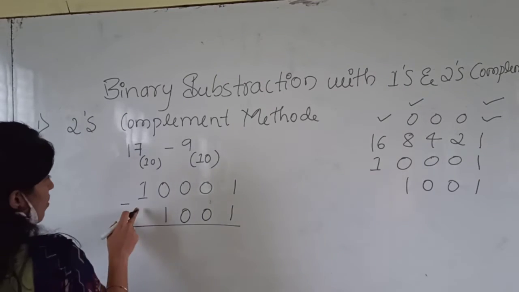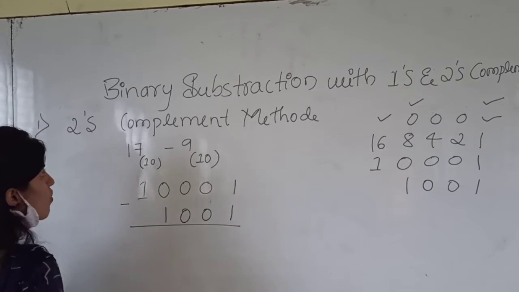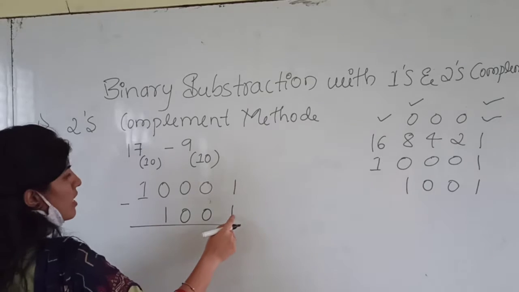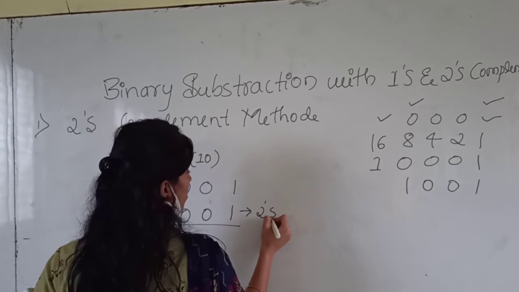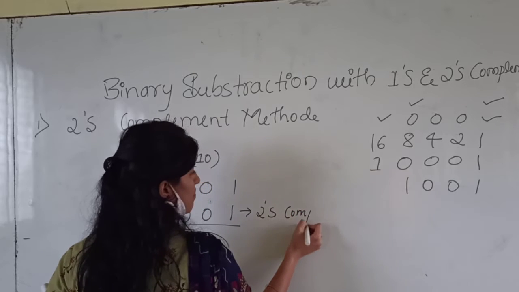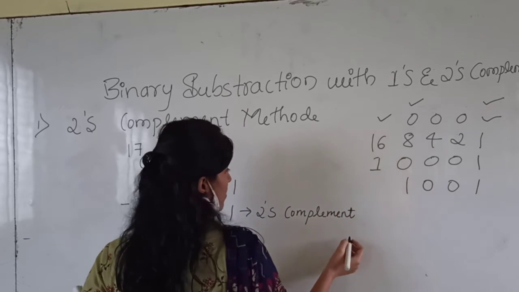For doing this, in the 1's complement method we take the 1's complement of the subtrahend. Here, we take the 2's complement of this subtrahend. How will we calculate the 2's complement?